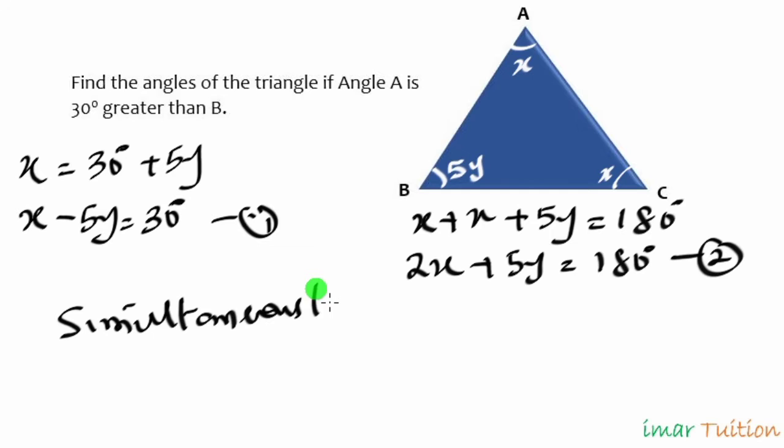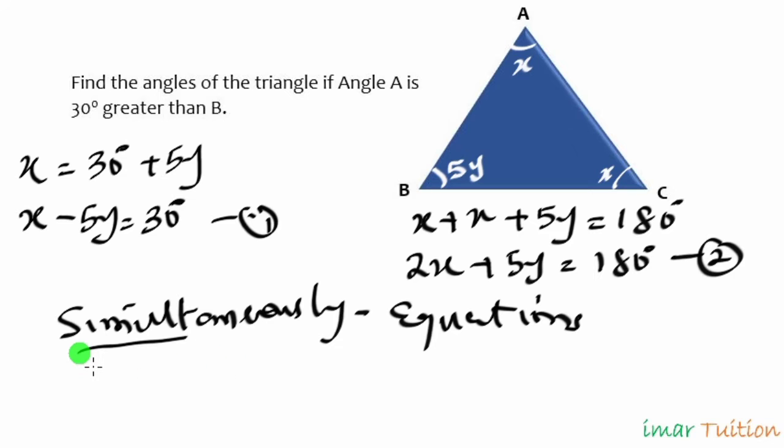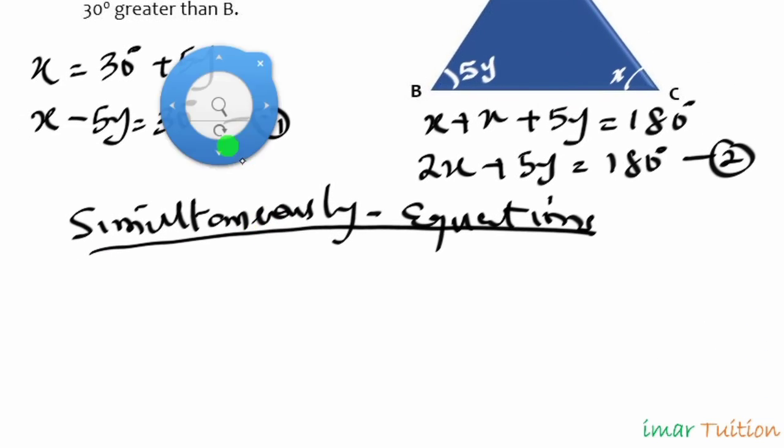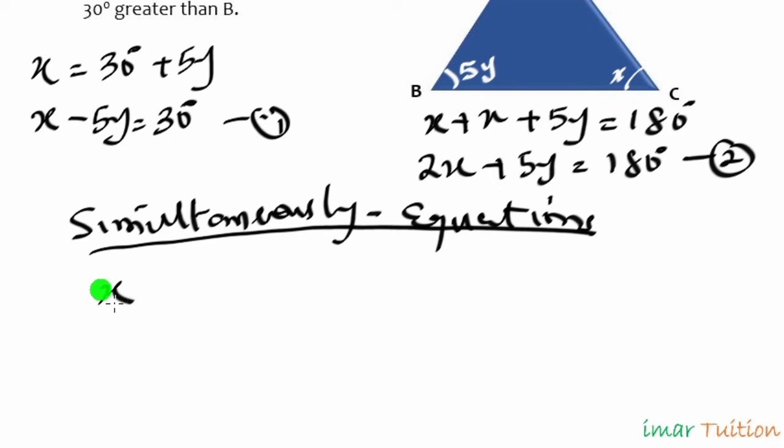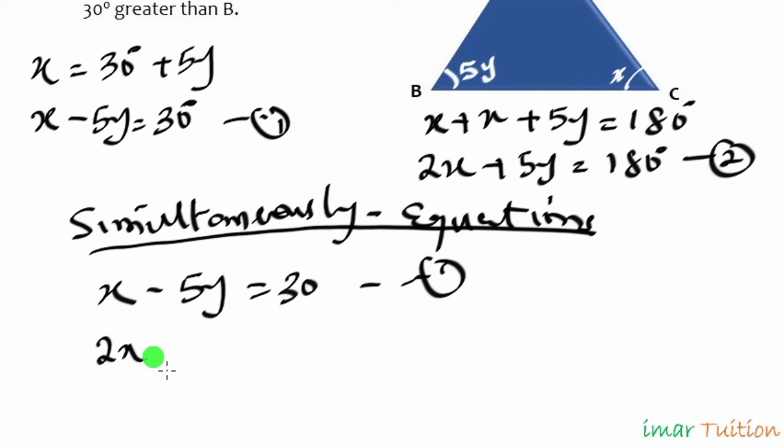So they are simultaneous equations. Our equations are x minus 5y equal to 30, equation 1, and 2x plus 5y equal to 180 degrees, equation 2.